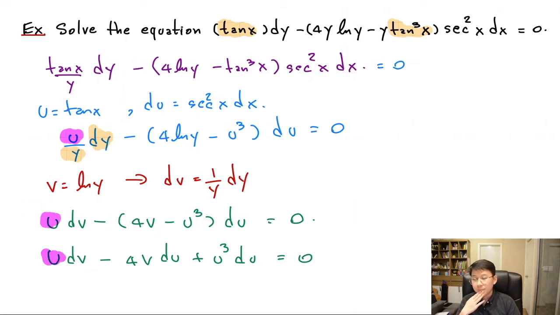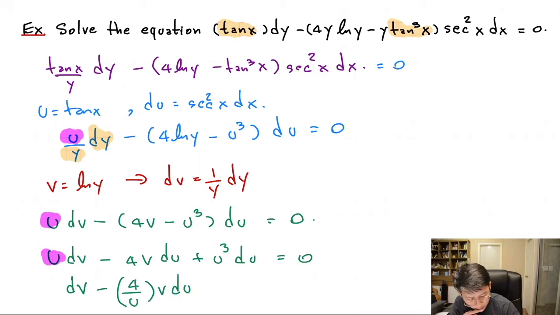Okay? So in that case, if I divide the whole thing by u, this is all I would get. It would be dv minus 4 over u v du equals minus u squared du, right?